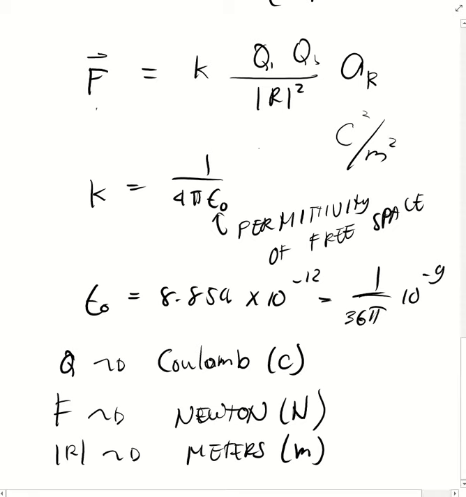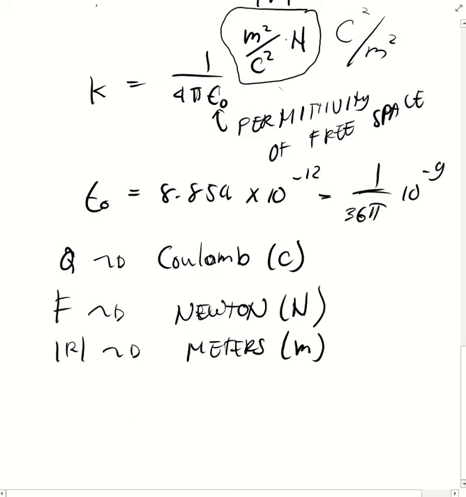So we multiply with a meter squared so that the meter will cancel out, and a Coulomb squared so that the Coulomb will cancel out. Then we multiply it with a Newton. So the only unit that will come will be a Newton, because this is the formula for the force. So this should be the unit of K.